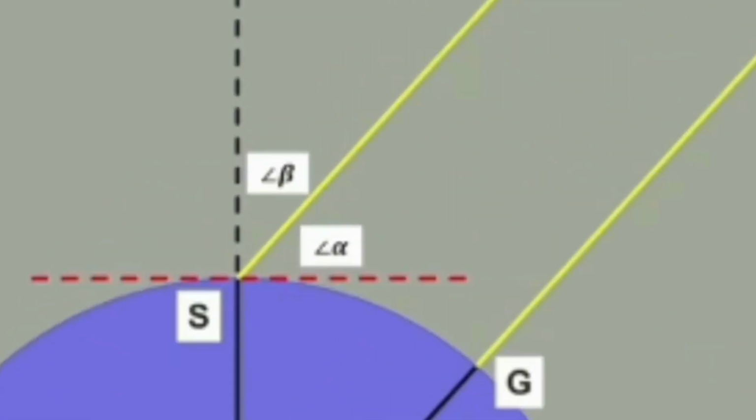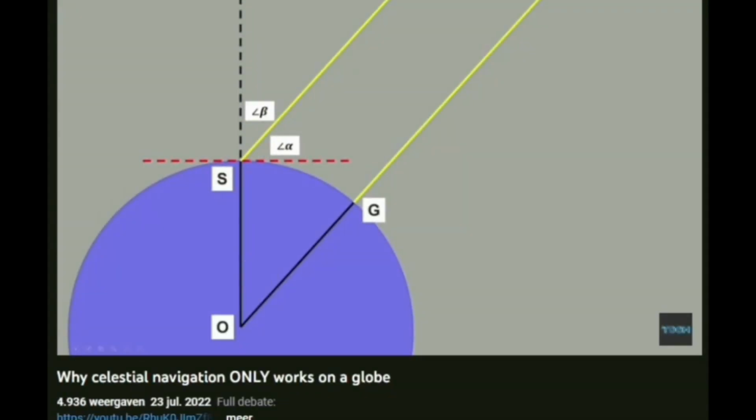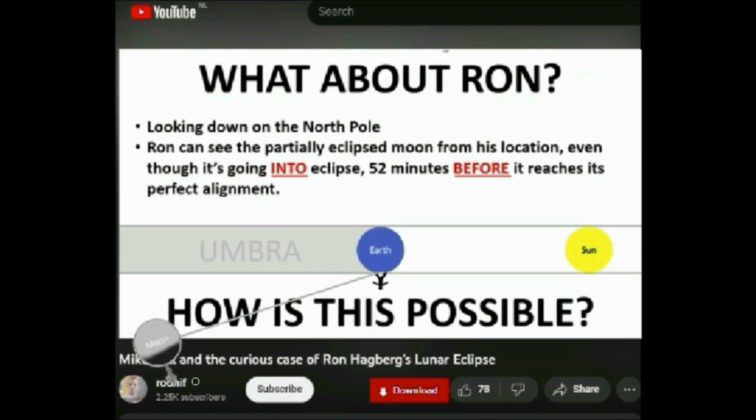No, idiot. This is just under 50 degrees. Obviously in this diagram, the red dotted line is the observer's horizontal. So the moon starts to eclipse on the top side, which is impossible. That's why it's called the impossible eclipse. And according to you, the moon is moving into the shadow.